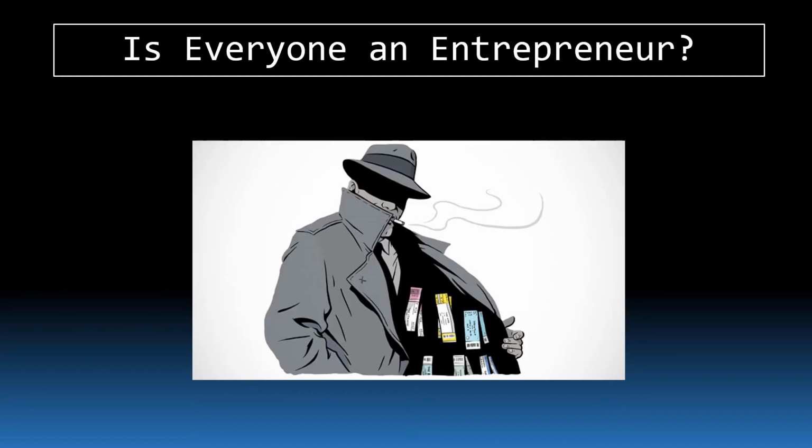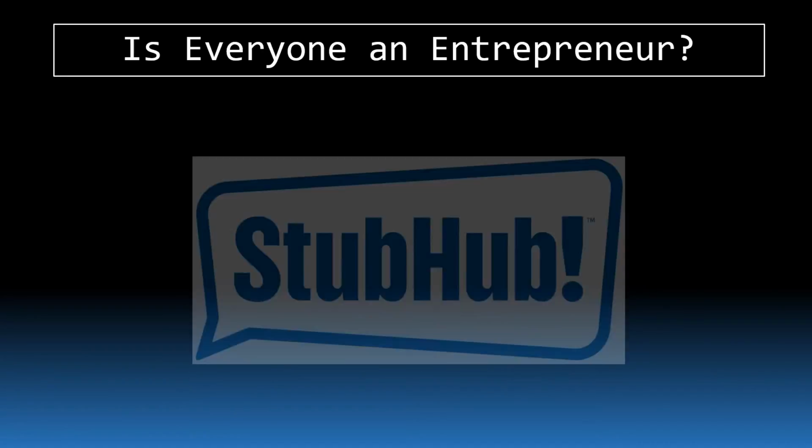So there may be one guy or many guys and gals, men and women, that are working these events, maybe let's say at the Staples Center. And so they're like these little mini self-contained entrepreneurs. So the question is, is the scalper an entrepreneur when you put them into the context of StubHub?